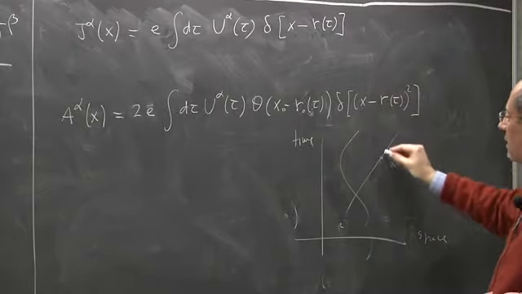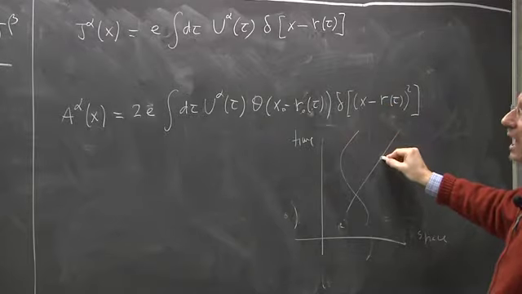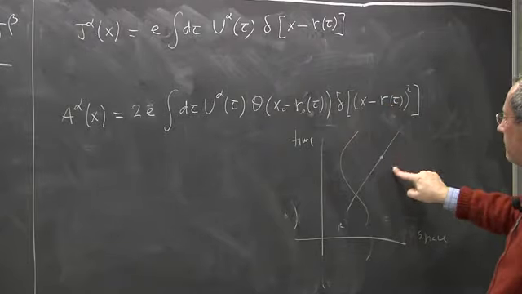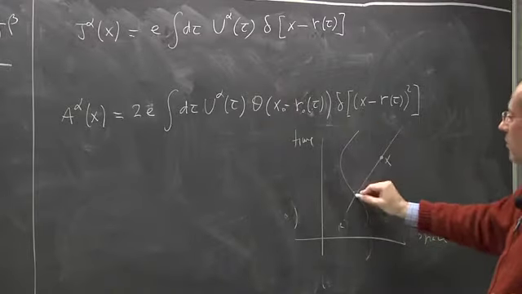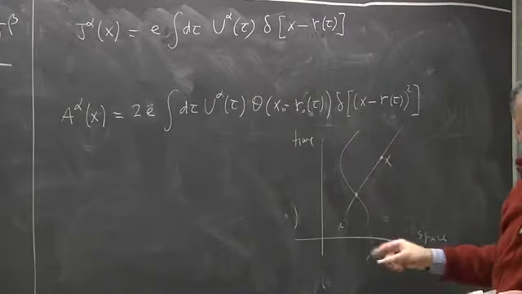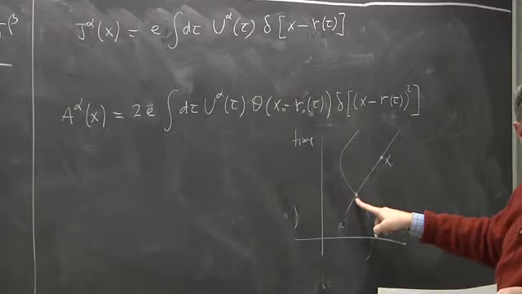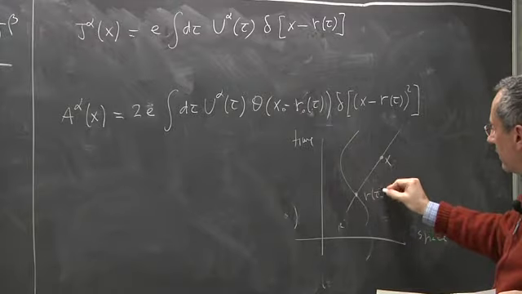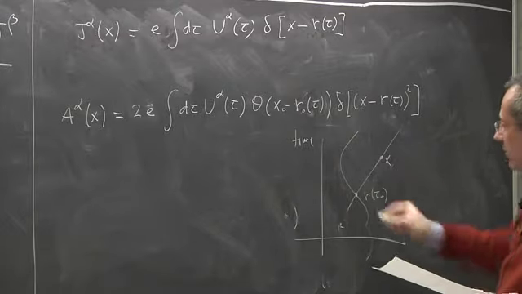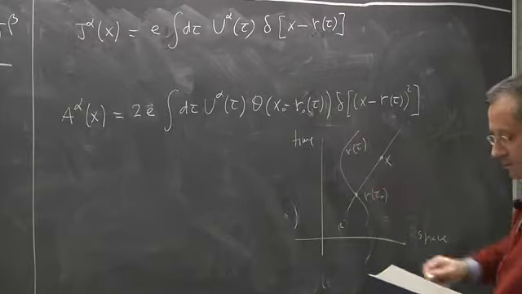So you get that the only contribution to the A alpha field here is the one produced by the particle at the retarded time, of course, when the particle was here. So this is r tau naught, say. This is the trajectory r tau.